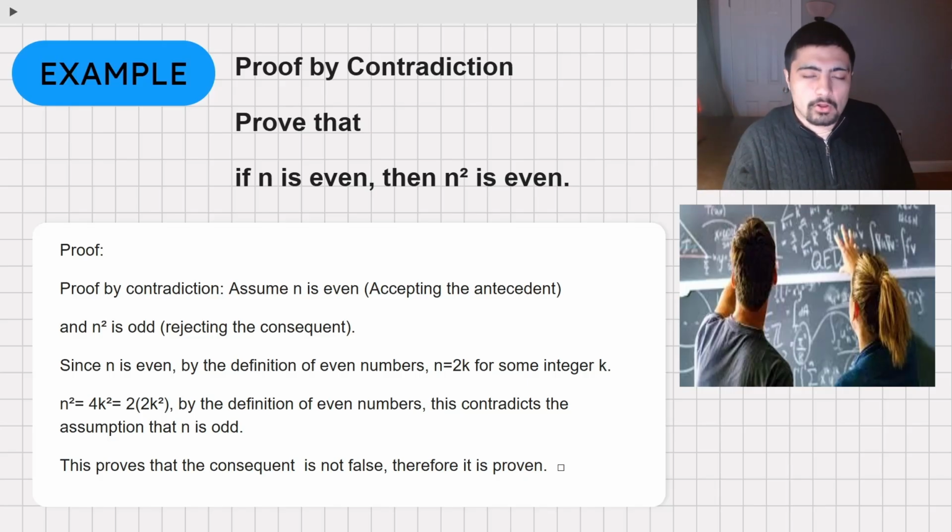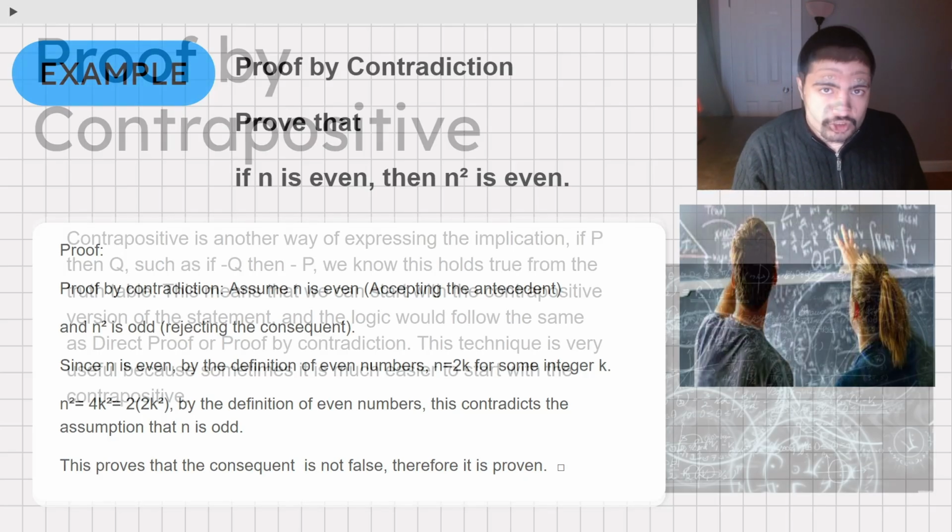We assume the false choice. We assume the antecedent and the negation of the consequent together. And that's how we achieve the contradiction with the truth: 2 times 2k squared is an even number is the truth, and the assumption was it's odd. So basically that's the contradiction here, and that's how we prove using contradiction.